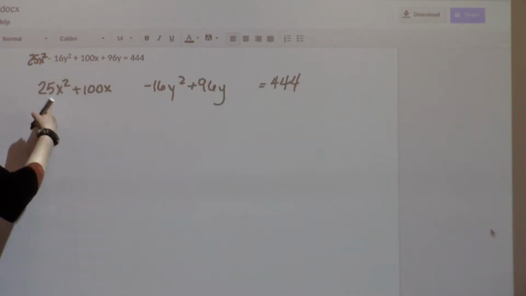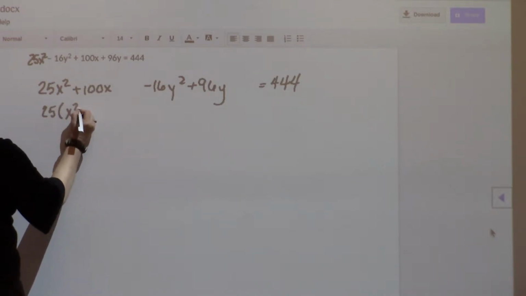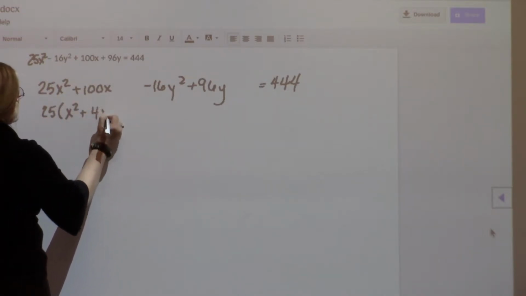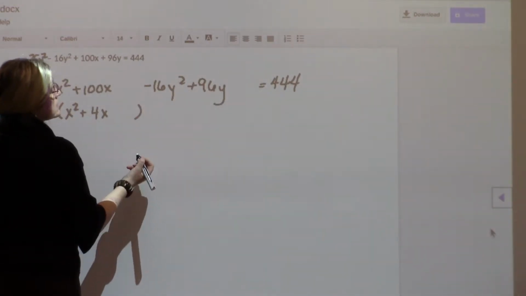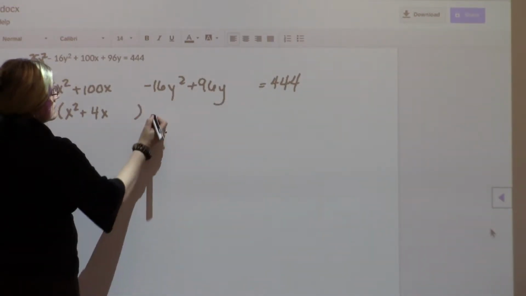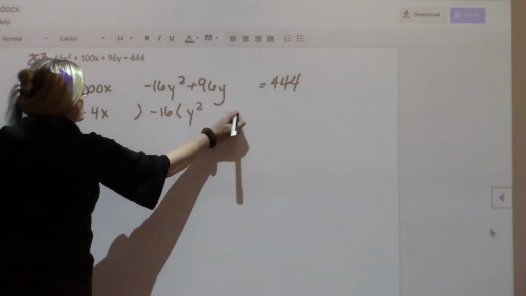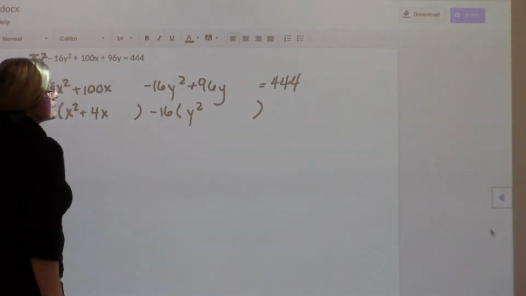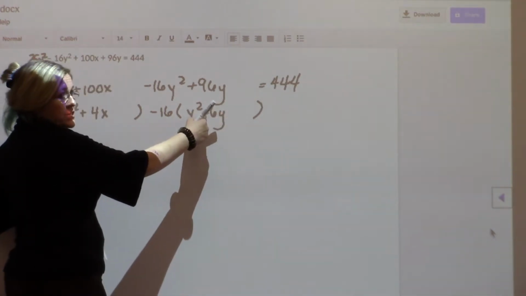Yep. Factor out. So we're going to factor out 25 out of this guy, and we're left with x squared plus 4x. And what do I factor out of this? Negative 16. Which makes this y squared and what? Minus 6y, good. That right there will mess you up.